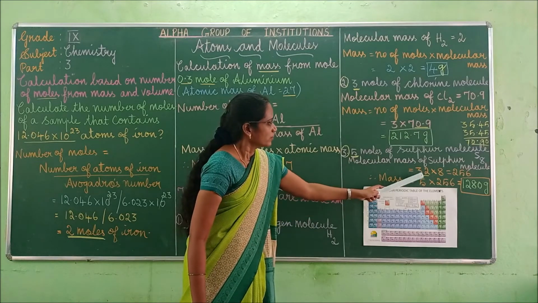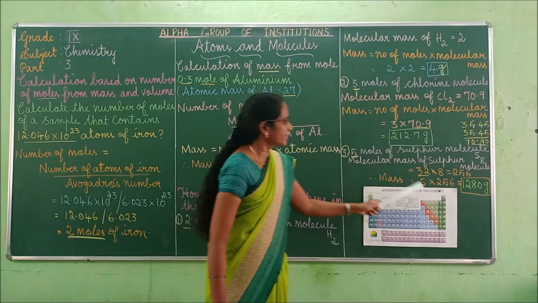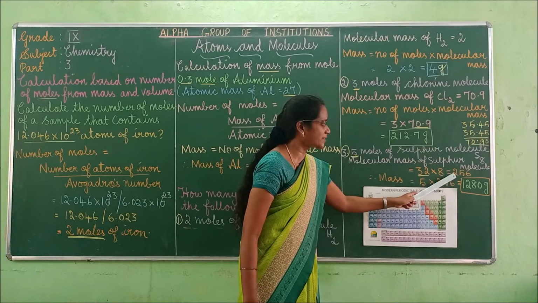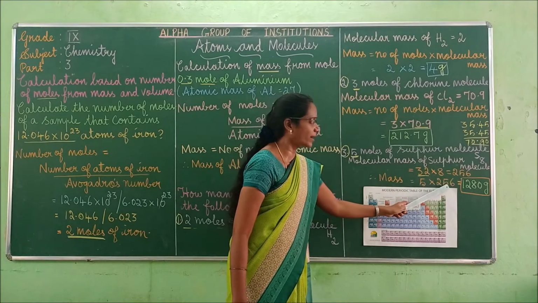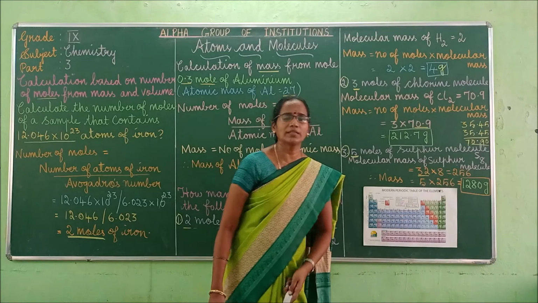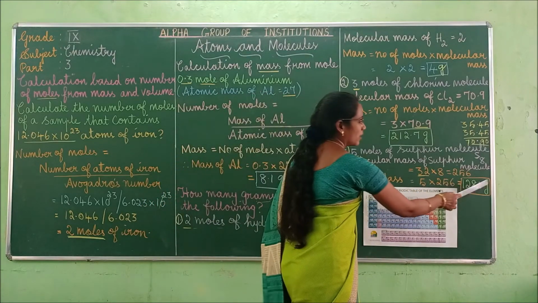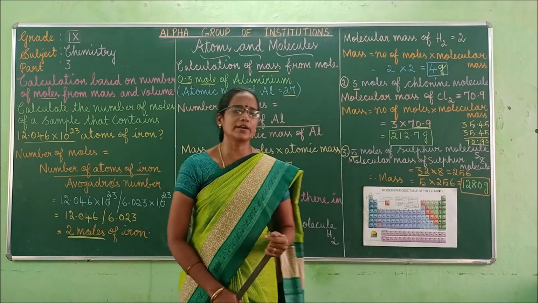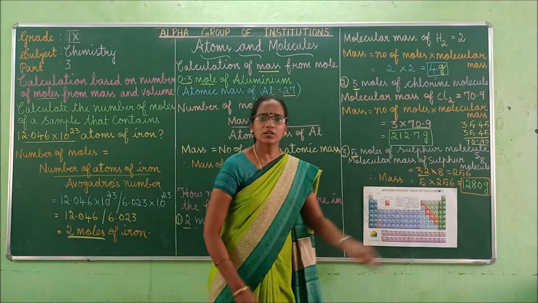So 5 into the molecular mass of sulfur, which is 256. If you multiply this, you will be getting 1280. Also mention the unit, it is in gram. 1280 gram is the answer for sulfur molecule.